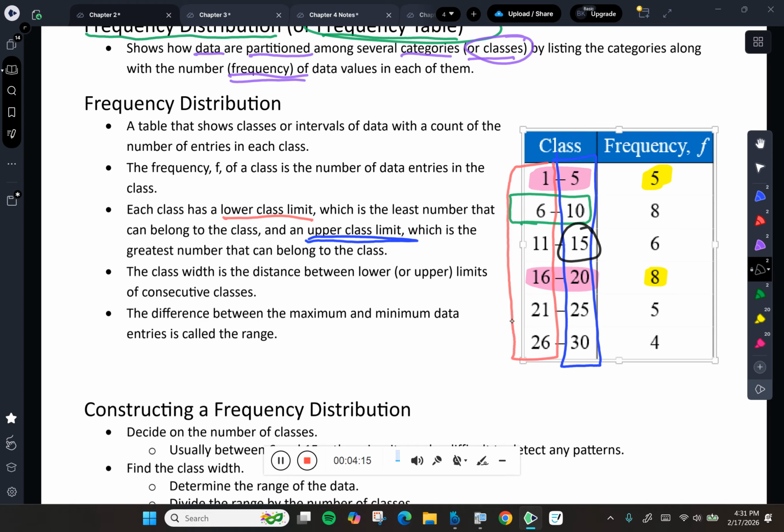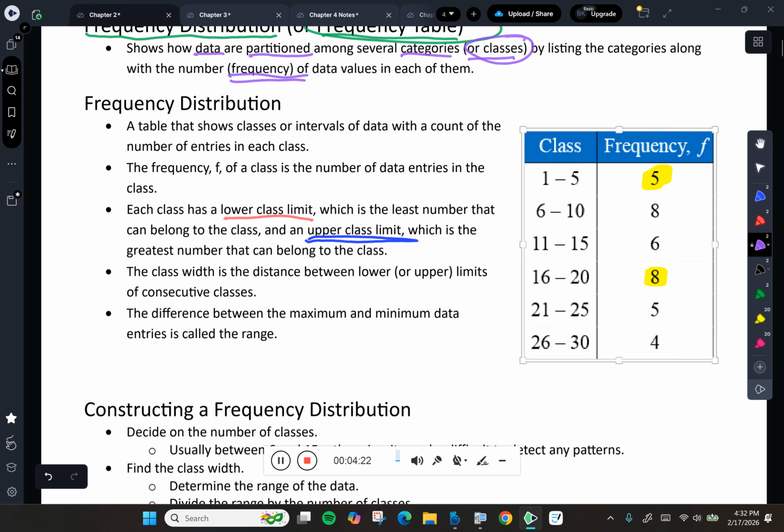Okay. Now, I'm hoping that when you look at these numbers, you see some patterns in here. What I mean by that is the change that exists from here to here is 5. The change that exists from here to here is also 5. The change, 5. The change, 5. The change, 5.